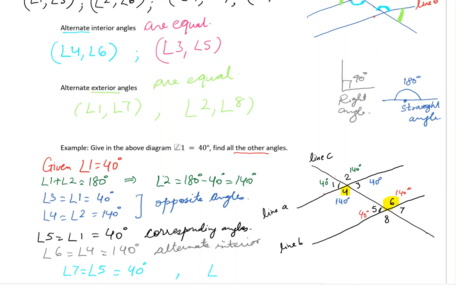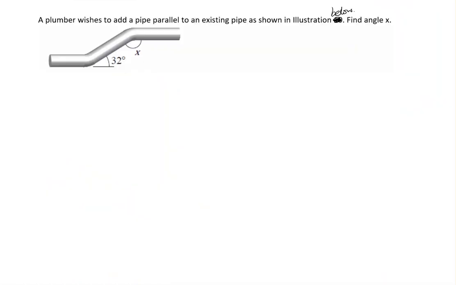Similarly, angle 8 and angle 6 are going to have the same measure, which is 140 degrees, because these are a pair of opposite angles. So we were able to figure out all the missing angles using our information about the pairs of angles.